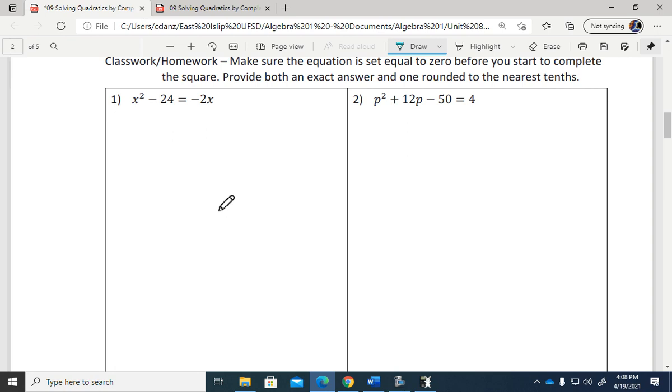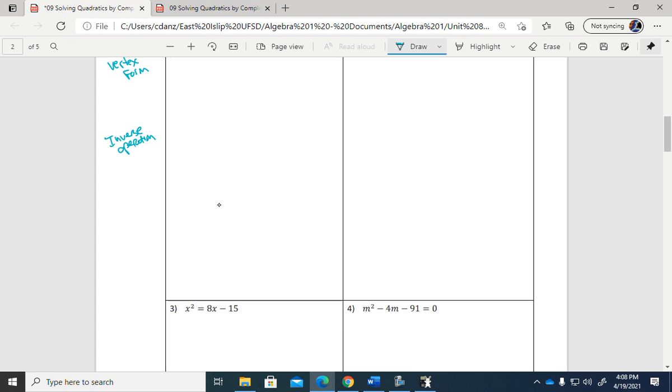So if we follow the steps that I said, first we want to get it into vertex form. Then we want to use inverse operations. And then we want to write the roots.